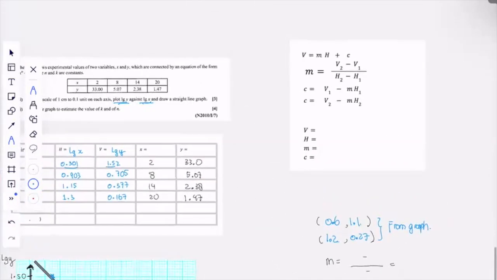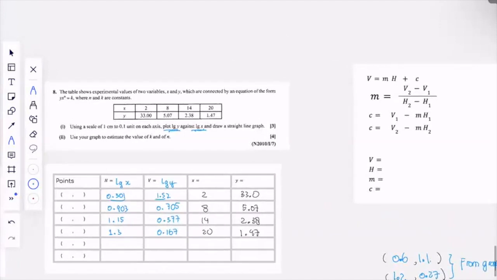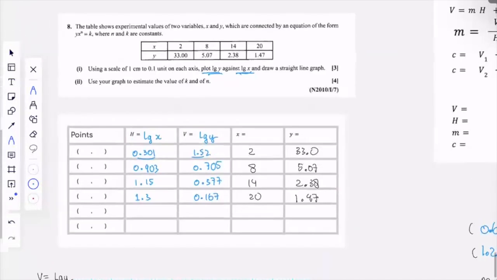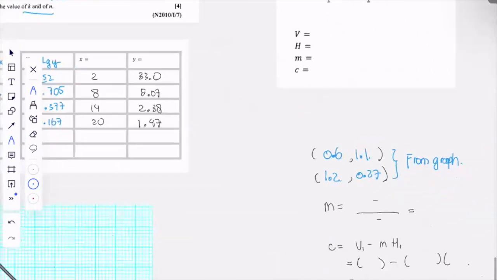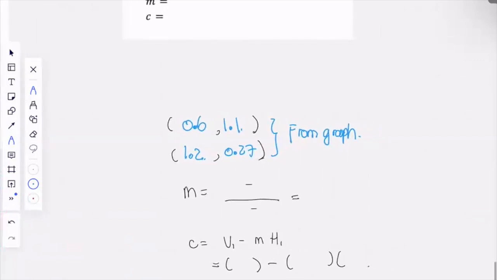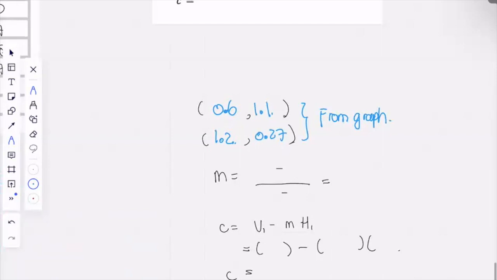The question asks you to draw, which we did. Then the second part is to use your graph to estimate the value of k and n. We still can do that. How do we do that? We find 2 points on the graph, and we find the gradient for it. We find m and c. m is v2 minus v1 over h2 minus h1.